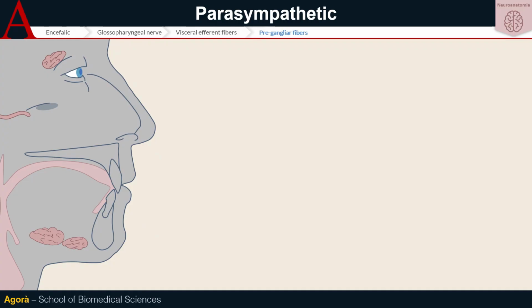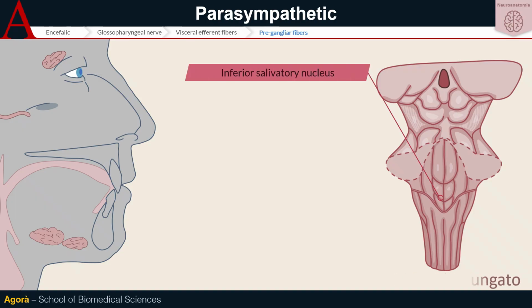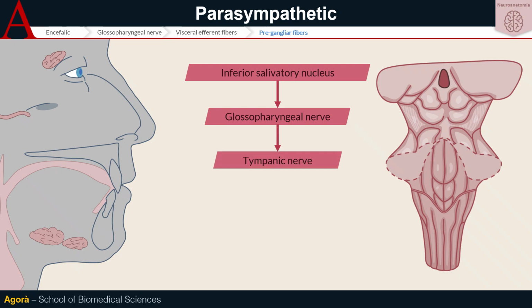The preganglionic fibers stem from the inferior salivary nucleus within the medulla oblongata. Their pathway follows the glossopharyngeal nerve, then the tympanic nerve, and lastly the lesser petrosal nerve, until reaching the otic ganglion.